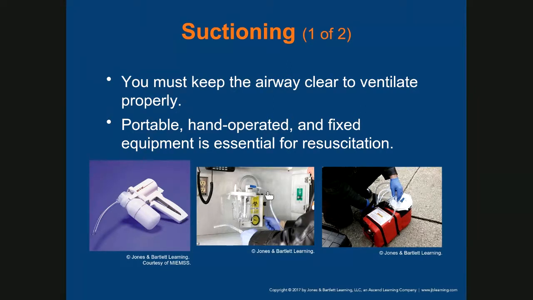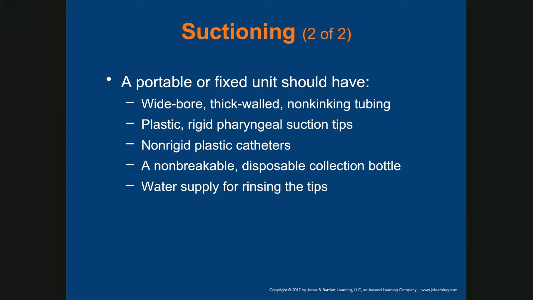And if they have secretions coming out of the nose, a flexible catheter would be appropriate. A portable or fixed unit should have a wide bore, thick wall, non-kinking tubing, plastic, rigid pharyngeal suction tips, non-rigid plastic catheters, a non-breakable disposable collection bottle, and water supply for rinsing the tips.